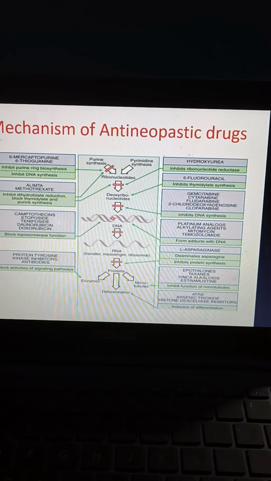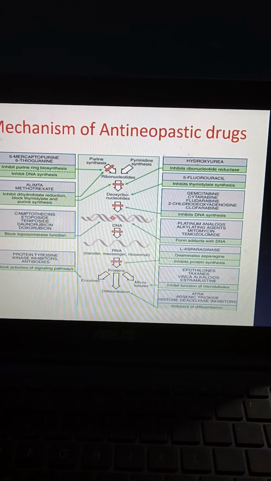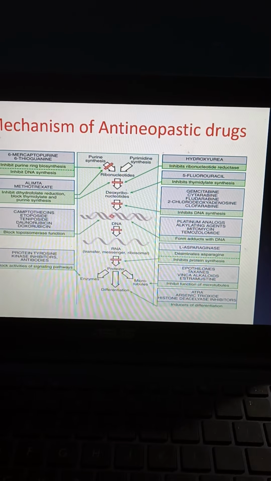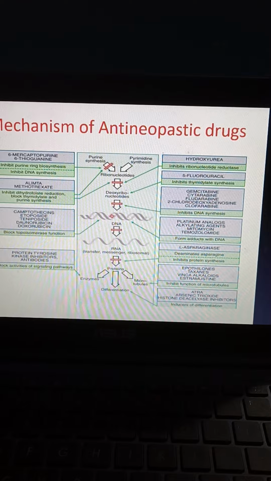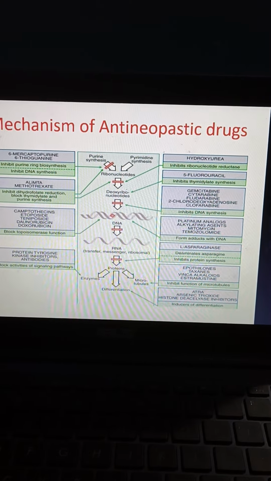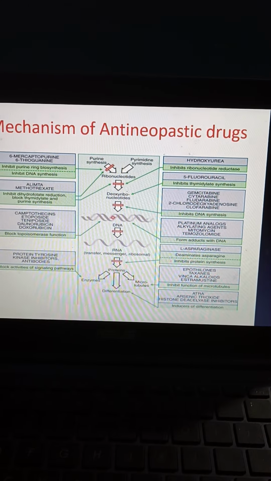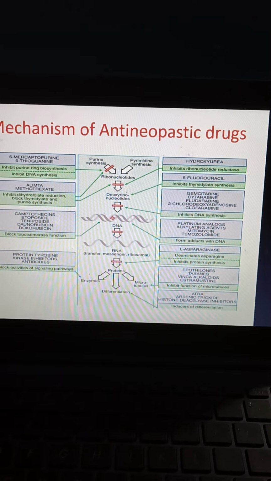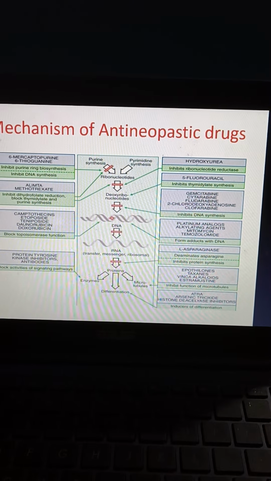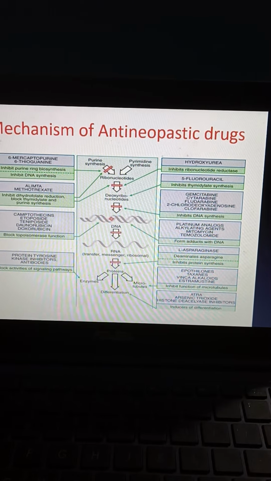Then L-asparaginase deaminates asparagine and inhibits protein synthesis from RNA to protein. This pathway is inhibited by L-asparaginase. Epothilones, taxanes, vinca alkaloids, and estramustine inhibit the function of microtubules, that is, from proteins to microtubules.